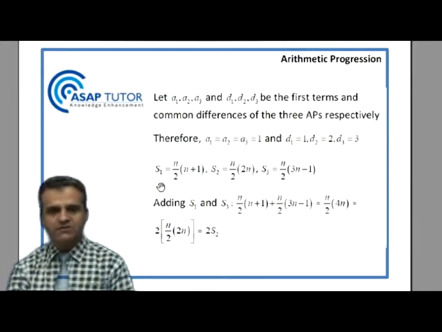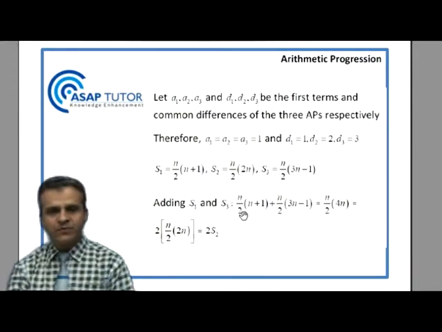Now we can use the summation formula to find S1, S2, S3. So S1 is n by 2 into (n plus 1). Similarly, S2 is equal to n by 2 into 2n, because the common difference here is 2. And similarly, S3 will be equal to n by 2 into (3n minus 1).